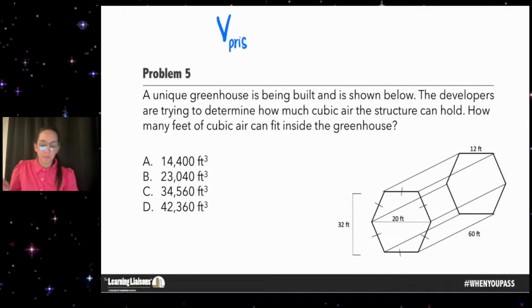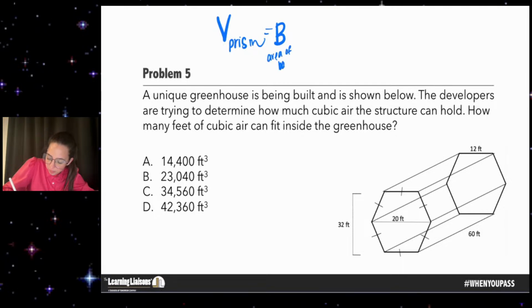All right. So the volume of a prism equals the area of the base times the height of the prism. Now, your base is the thing that shows up twice, that is identical.